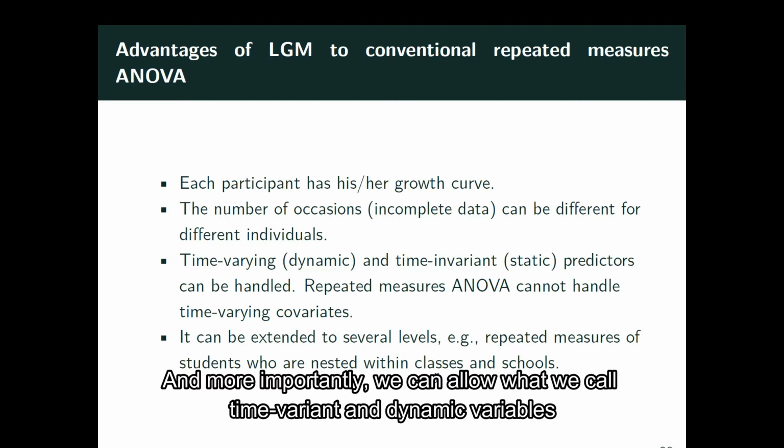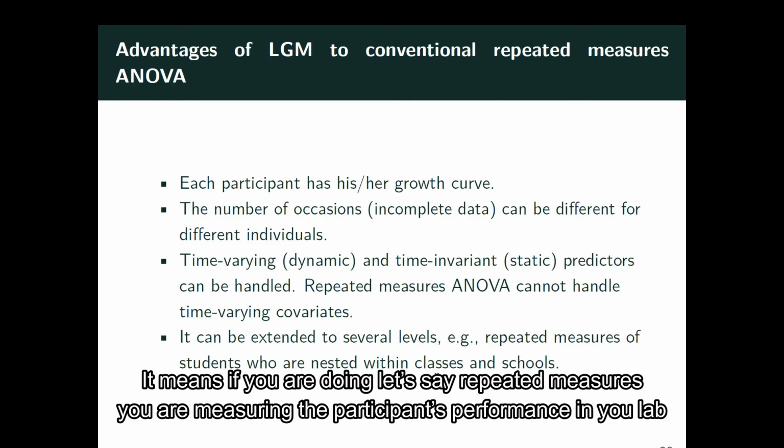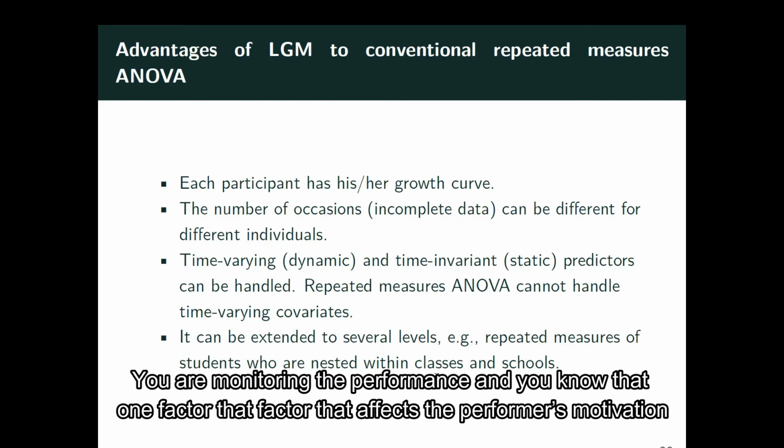And more importantly, we can allow what we call time-varying and dynamic variables. It means, let's say, you are doing repeated measures, measuring the participants' performance in your lab. Okay, so you are monitoring the performance. And you know that one factor that affects performance is motivation.